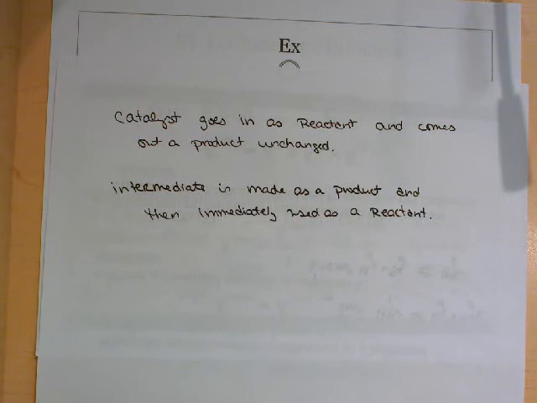So you don't have any way of collecting it. There's no way to scoop it back out. A catalyst is one of the things you put in at the beginning, and it should be one of the things that pop out at the end. So it doesn't count. It's the exact same thing.